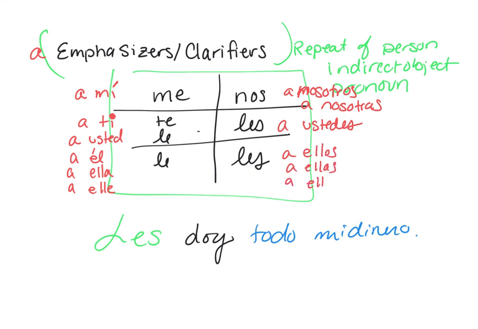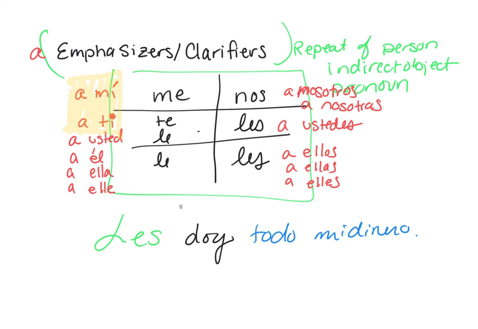Okay? So here, everybody is exactly the same except for a mí and a ti. Those two are irregulars. So let's highlight those. Everybody else is just subject pronoun. Mí with an accent because mi without an accent means my. Ti, no need for an accent because there's no other word that means that.